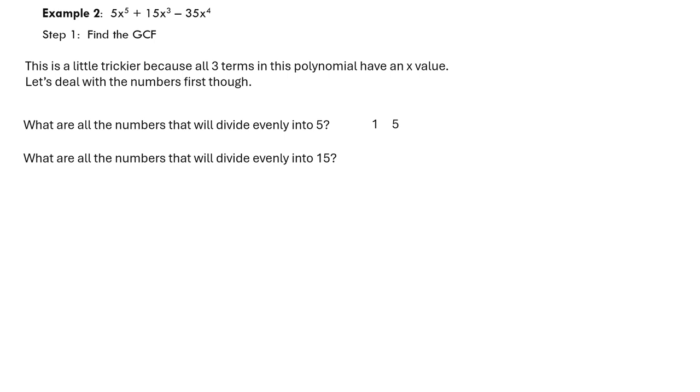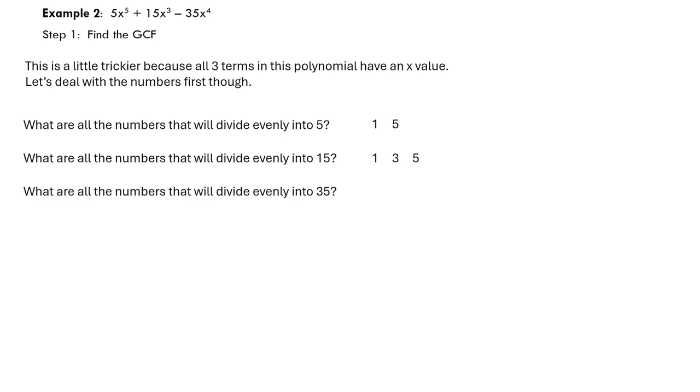Well, let's start with our low numbers and work up. 1 will divide evenly into 15. 2 will not, so we'll skip that. 3 will divide evenly into 15. 4 will not, we'll skip that. 5 will divide evenly into 15. And there's one more that I didn't write down, but I should have. It's 15. So the numbers that will divide evenly into 15 are 1, 3, 5, and 15.